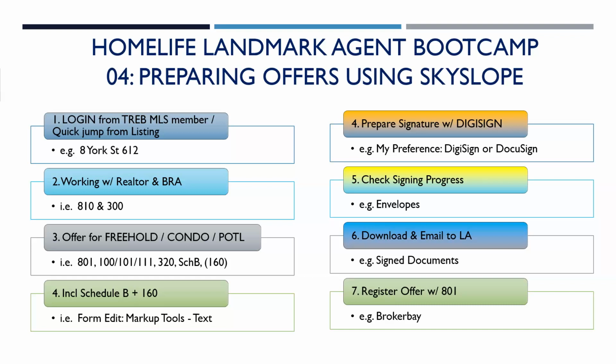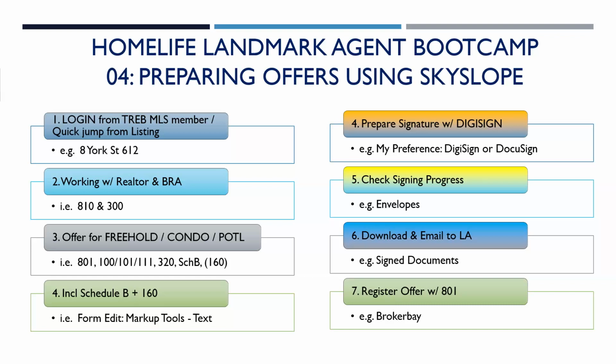But in the Skyslope form, I used to use a free editor or just the Acrobat editor to edit it first and then import, right? But this time I'm going to show you how to use the Skyslope form's markup tools and tags. You can just fill it in, okay?